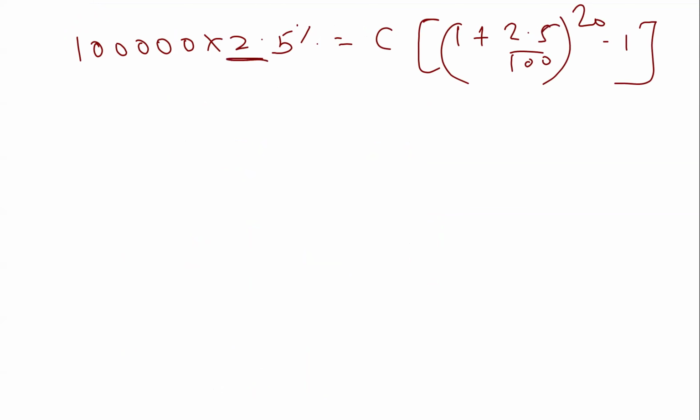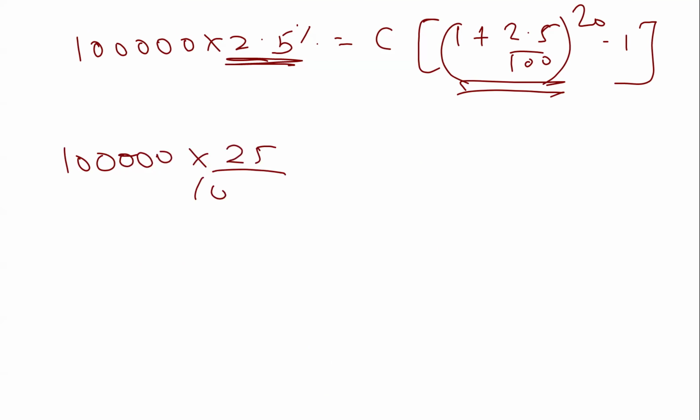I've cross multiplied this 2.5% and here I'm taking 2.5 upon 100. So this will be 25 upon 3 zeros, because percentage has 2 zeros and there is one decimal digit. So one more zero is put over here in the denominator.